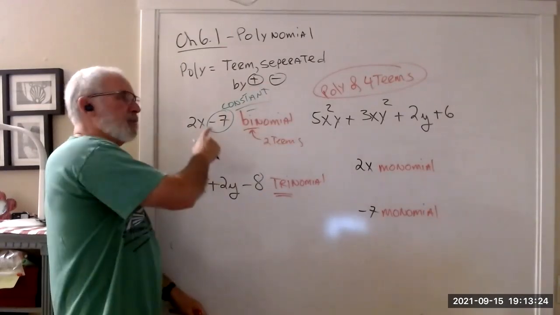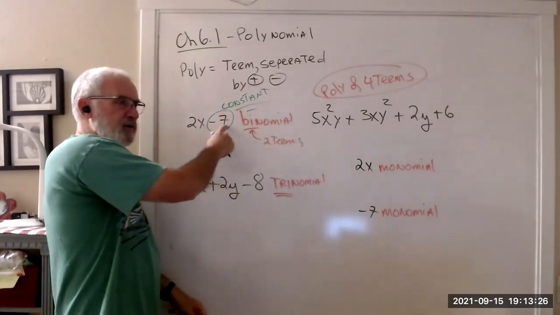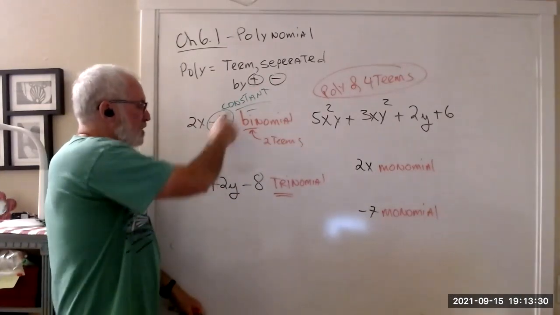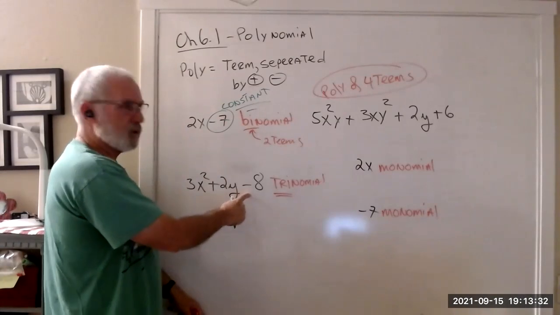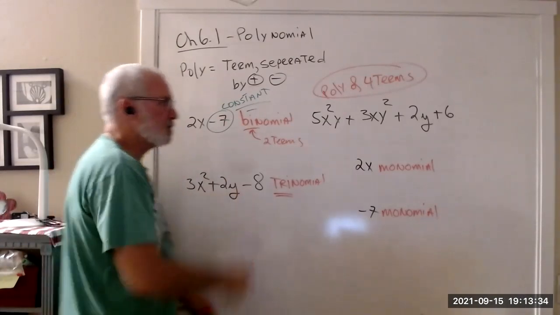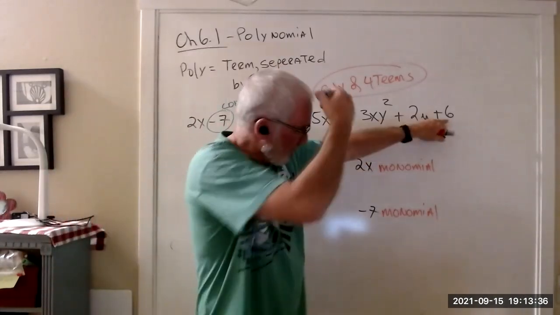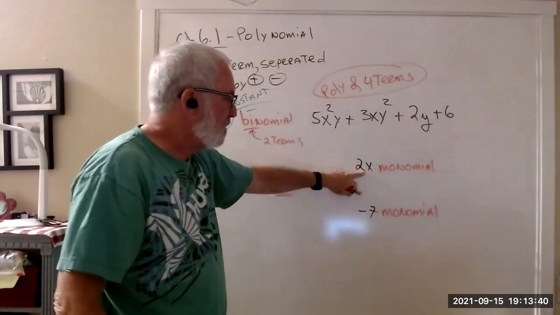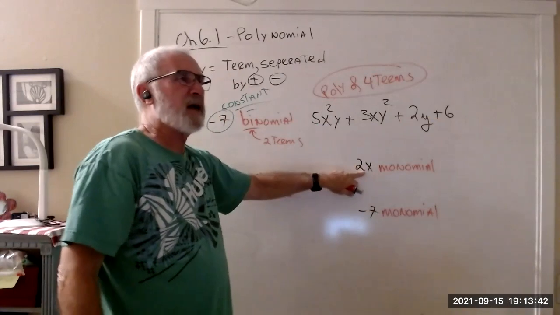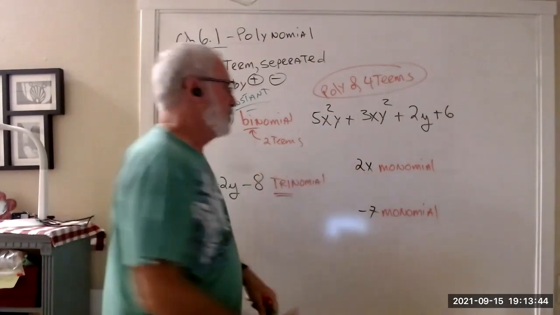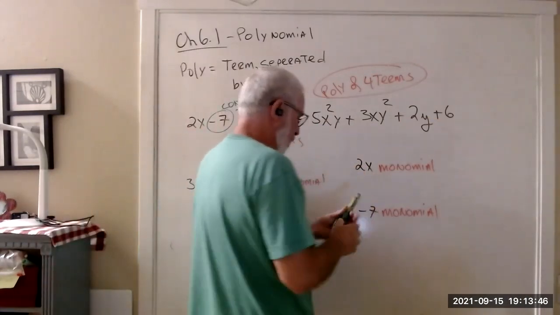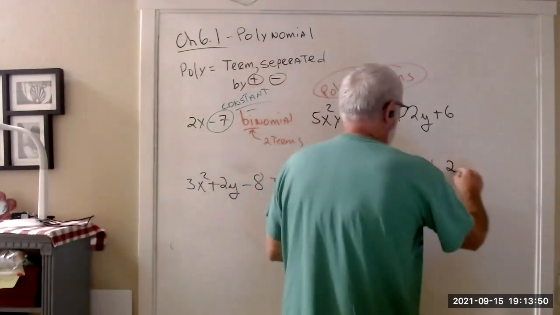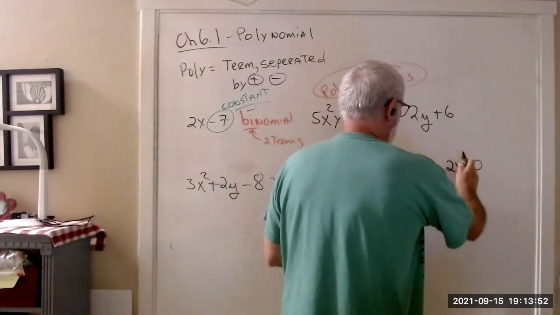Now, be sure you say the -7. Don't just say 7. So the -7 is a constant. In this one, the -8 is a constant. The 6 is a constant. This one, depending on how tricky you get, 2x is a monomial, but it implies 2x plus 0.